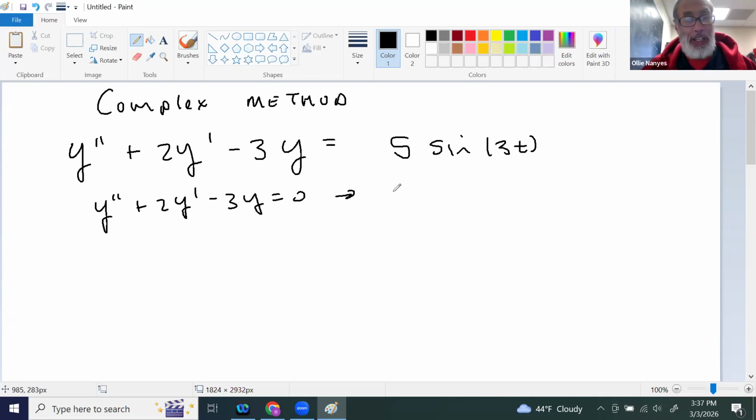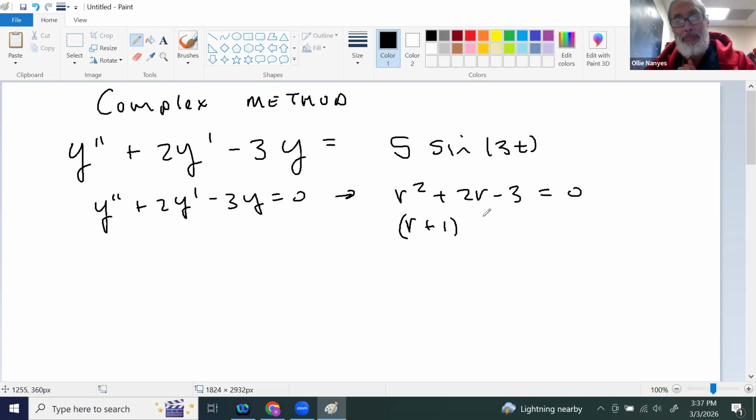This has the auxiliary equation, or the characteristic equation. We have that, and given that, this factors as r plus 1, r minus 3, and I better change that. I had a little brain damage here.